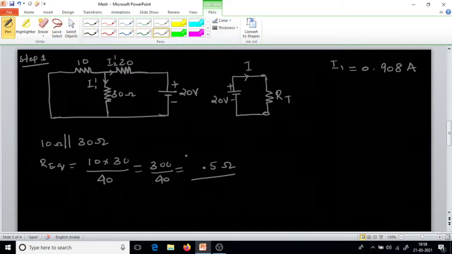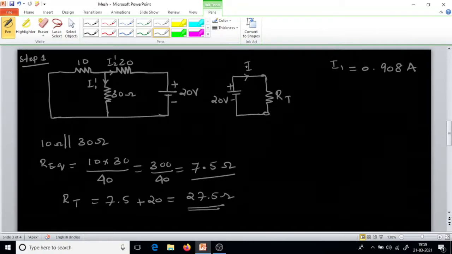This 7.5 ohm is in series with the 20 ohm resistor. So RT, the total resistance, is 7.5 plus 20, we will get 27.5 ohm. Now what is the current flowing here? That is I equals 20 upon RT.